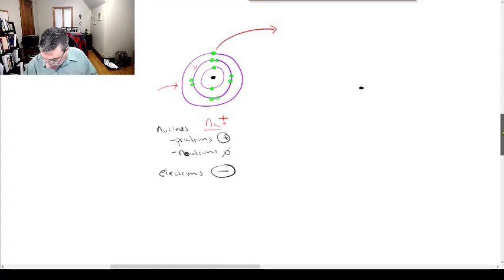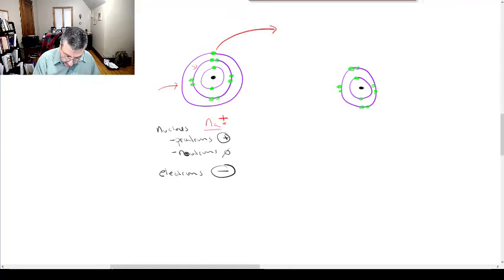So let's go back down. So our inner shell has 2. Okay. Then we have another shell that has 8. I need the green color here. 1, 2, 3, 4, 5, 6, 7, 8. So now we have 10.